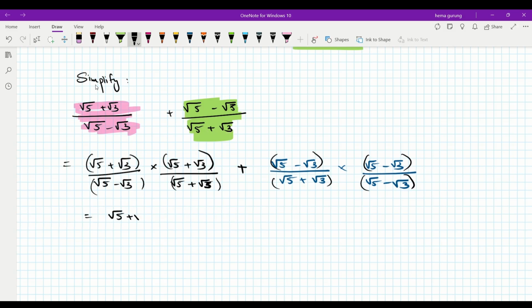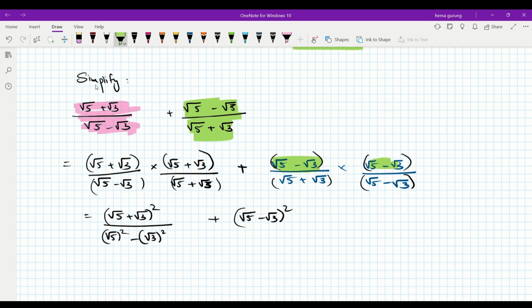If you see, both are the same terms, right? Can I write it as a square? Here it is root 5 whole square minus root 3 whole square, because it's a plus b times a minus b. And here it is root 5 minus root 3 whole square. Why? Because both are the same term, and if we multiply a number by itself, it is a square.